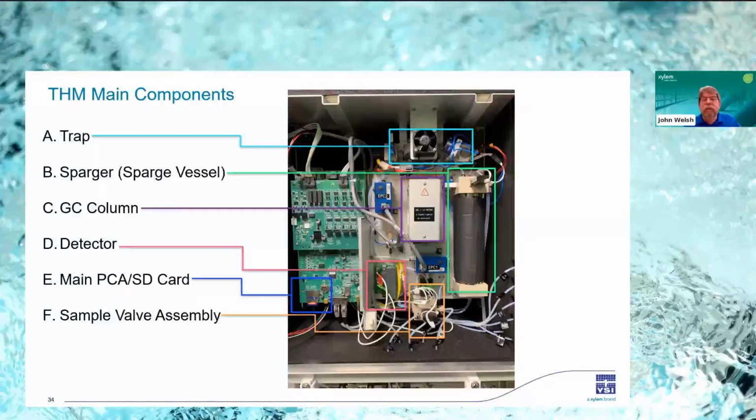In this case, it's a 12-meter DB1 column. And off the column, finally, onto the detector. Lastly, on this instrument, all the data is stored on board with this PCA SD card you see over here in the corner. So this does follow all the principles of a purge and trap GC.